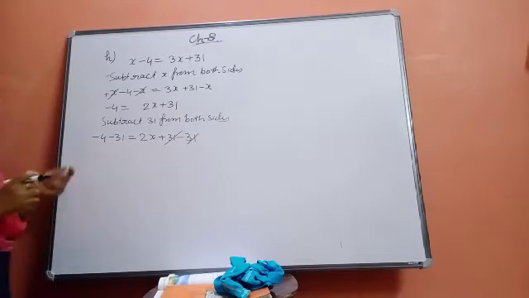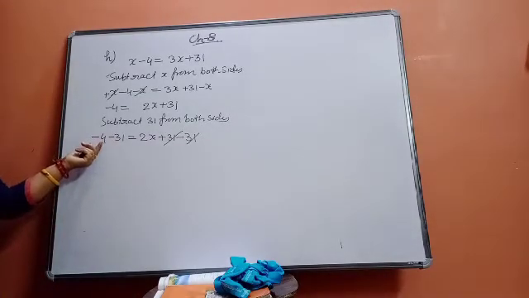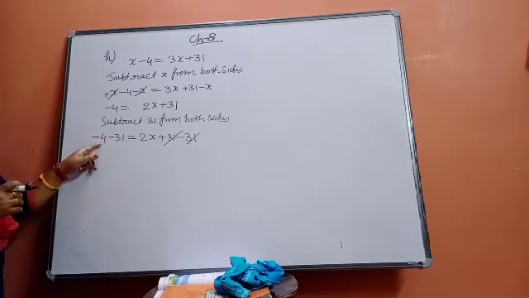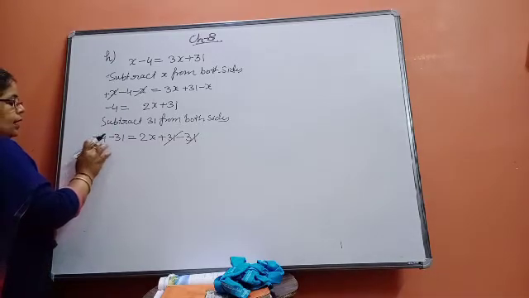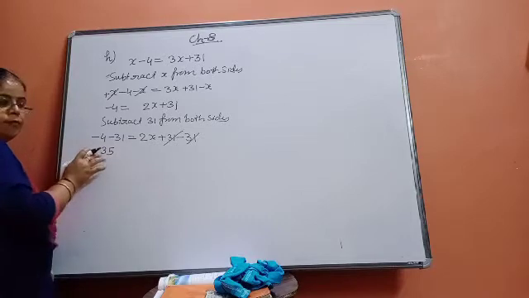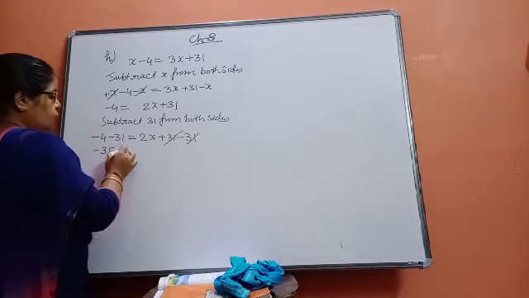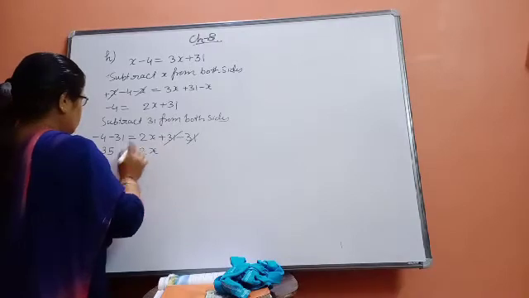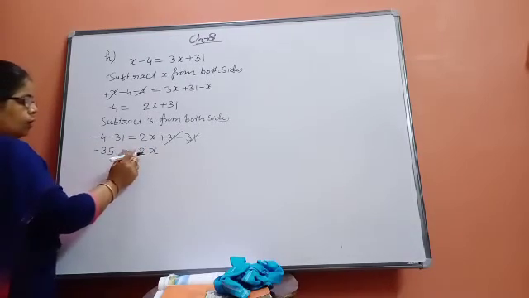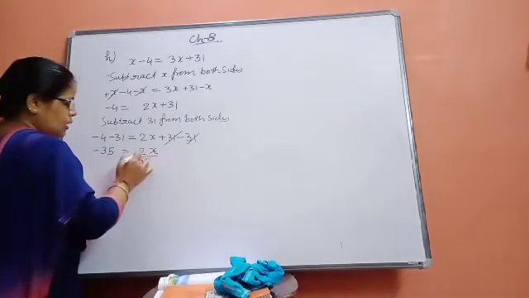Here apply the rule of integers. Two same sign numbers are always added with their sign. So 31 plus 4, 35, and it will be minus, is equal to 2x. In the next step we don't want this 2. If it is divided by 2, then 2 and 2 can be cancelled.